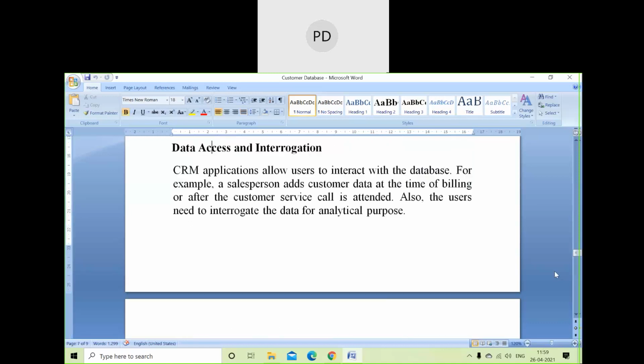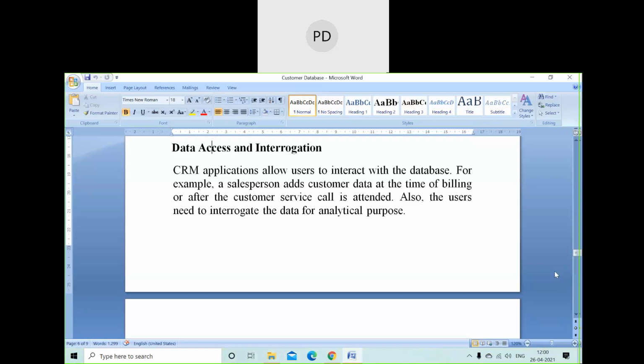So now data interrogation. I was telling you many times that whenever we get some kind of data, there is a need for interrogating the data. We have the data, but we recall the data and put the data again. For example, if you go to the shopping mall and purchase some kind of product, the salesperson is not only going to sell the product, he is going to take some data also from you.